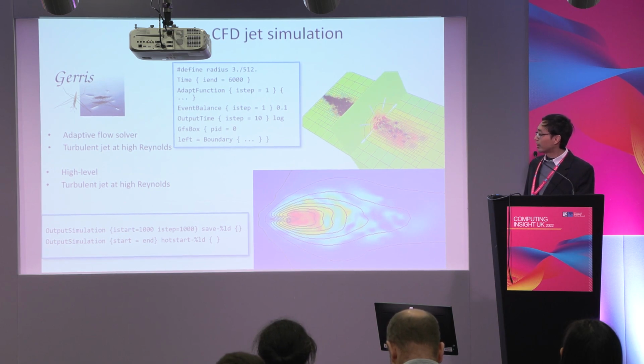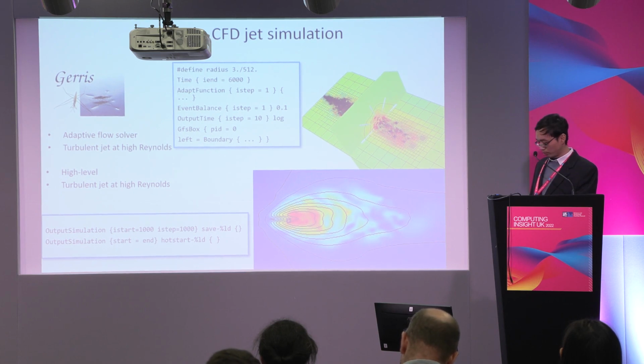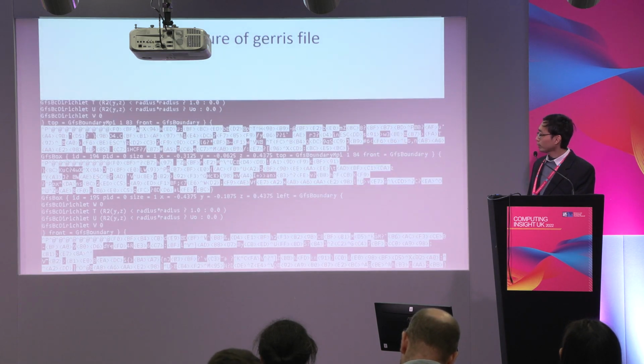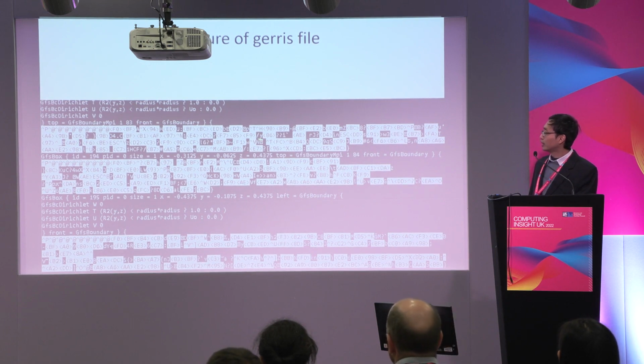The Jeris is very ugly. This is the GUI visualization, but when we provide the input file, we should provide it in ASCII text, and this is for the output file. Besides the ASCII text here, we see also binary data injected in the files, and we have to be very careful.